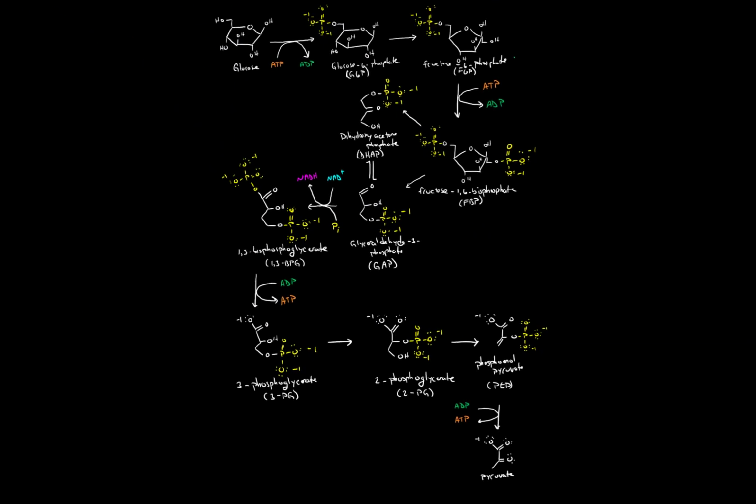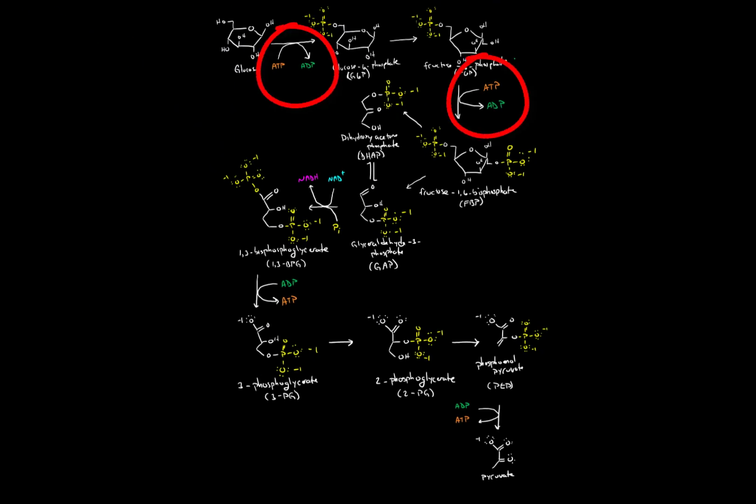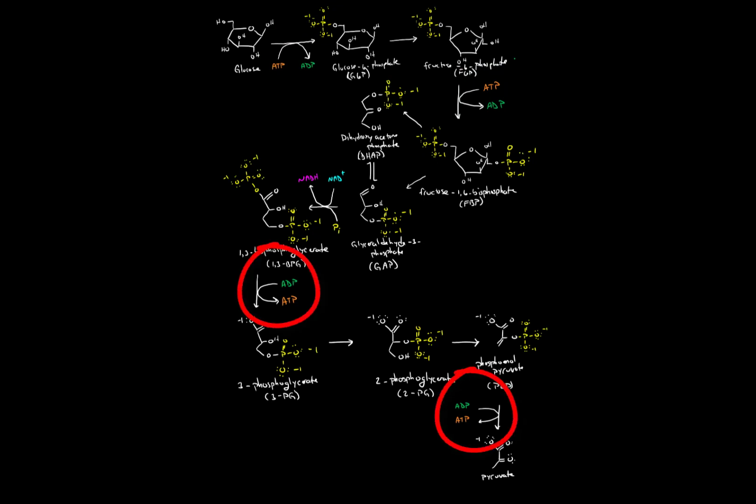Overall, in the preparation phase, we are converting 2 molecules of ATP to ADP. But in the payoff phase, we have 2 separate steps that convert ADP to ATP, and each of those steps converts 2 equivalents of ADP to ATP because we have 2 3-carbon chains.